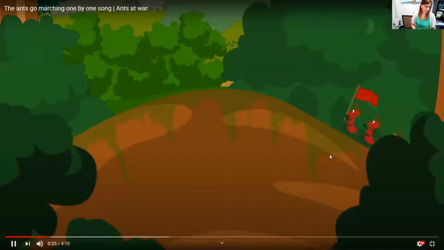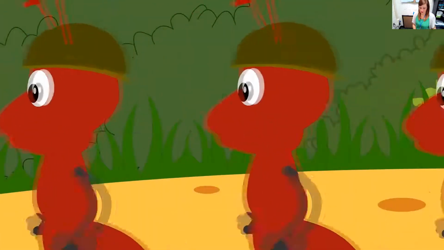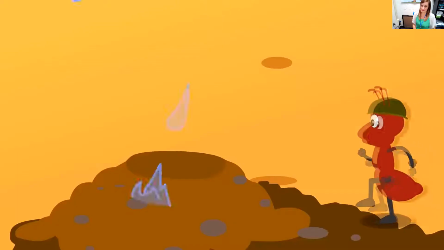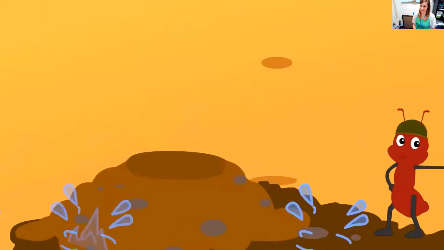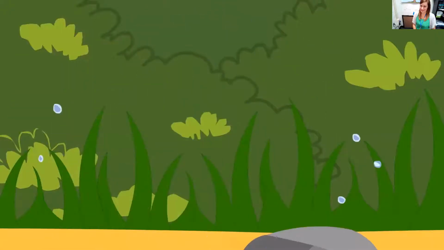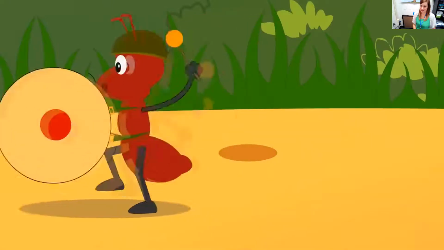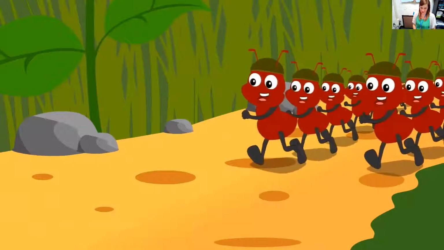The ants go marching one by one, hurrah, hurrah. The little one stops to suck his thumb, and they all go marching down to the ground to get out of the rain. Boom, boom, boom. The ants go marching two by two, hurrah, hurrah.